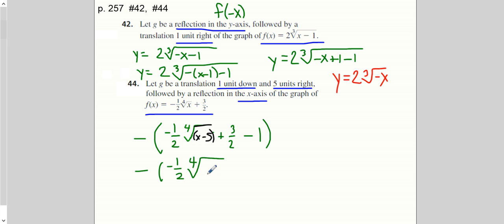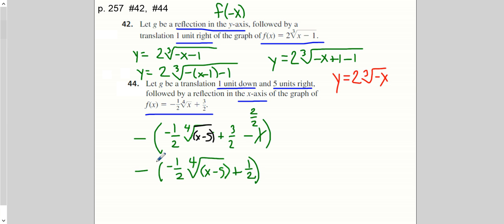x minus 5. We do have some simplifying here to do. Plus 3 halves minus 1. Well, 3 halves, take away 1. 1 is the same as 2 halves. 3 halves minus 2 halves is 1 half. So we have a positive 1 half. And then because of the reflection, this is going to become a negative.